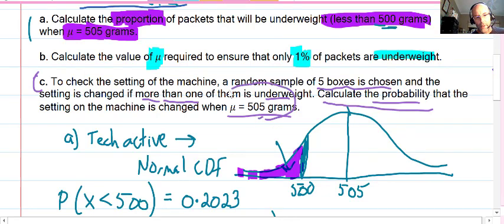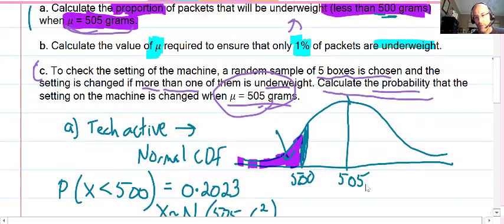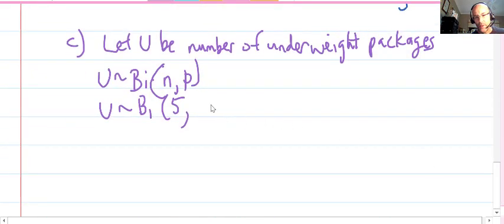when in fact we had the same average that was worked out in part A. Alright, because underweight less than 500, so we've actually got that, and we got 0.2023 last time, so we can put that in here. Alright, see, that takes a little bit of insight, doesn't it?